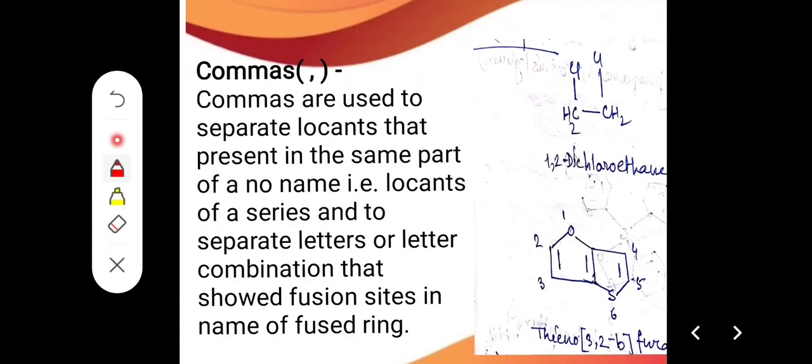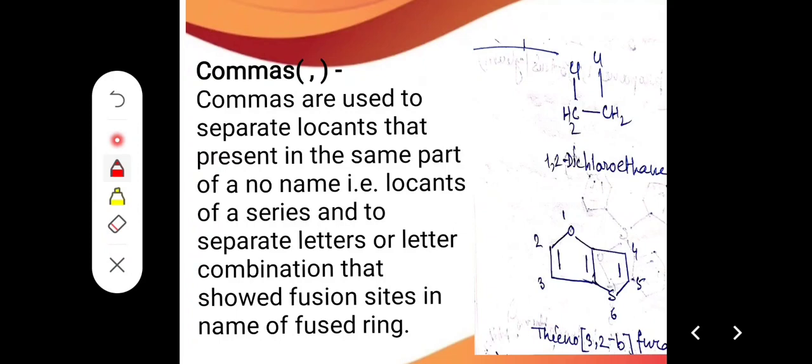What is the significance of symbolic representation? For example, symbolic representation means comma, semicolon, full stop, spaces, hyphen. They are also important when we write the IUPAC nomenclature of any organic compound.